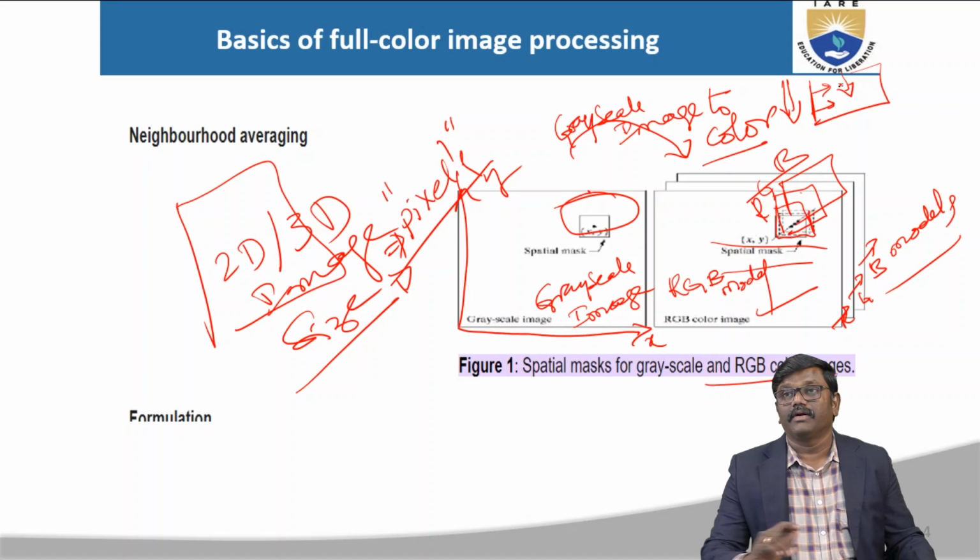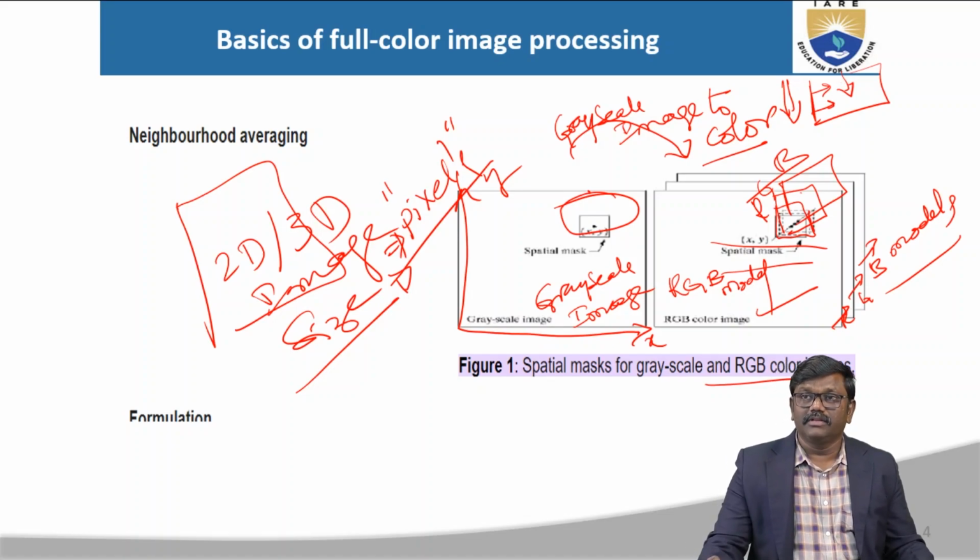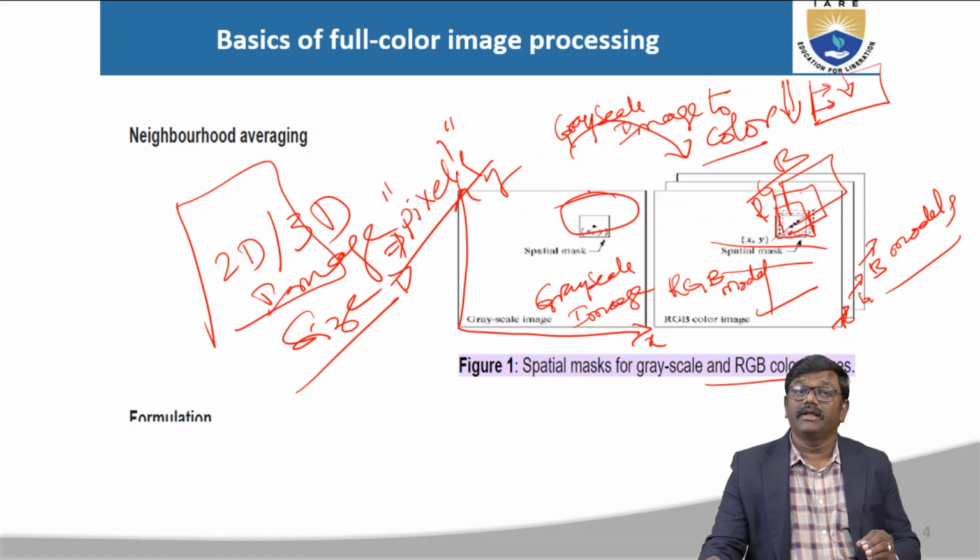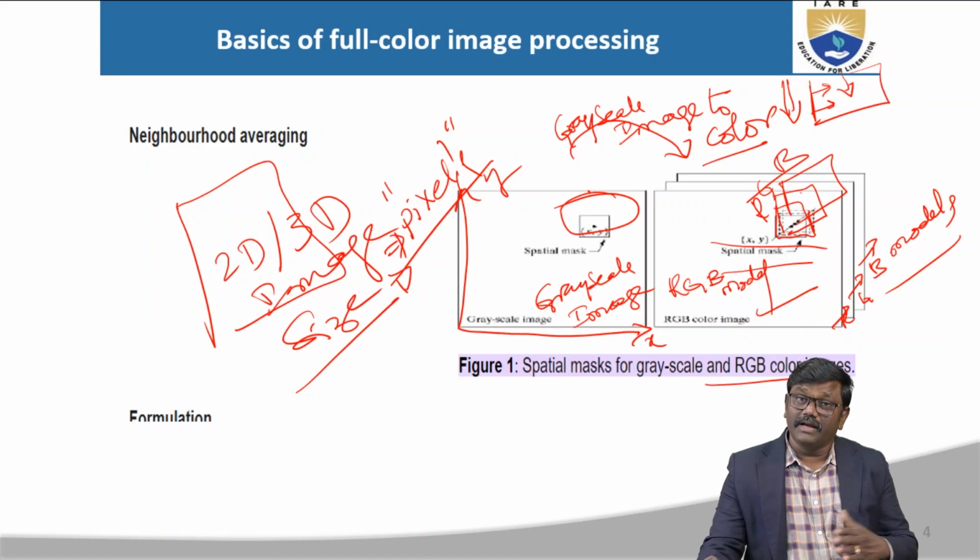So neighborhood averaging concentrates on one pixel compared with another pixel.